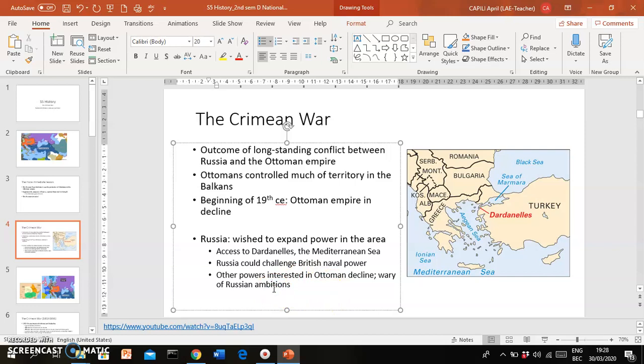They were cautious and quite concerned about Russian ambitions. Of course, the idea was that they didn't want Russia to become too powerful. Remember, Congress of Vienna, Concert of Europe, this concern has been there ever since the defeat of Napoleon.